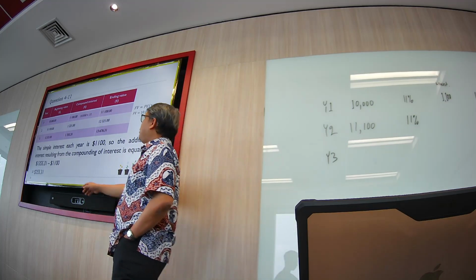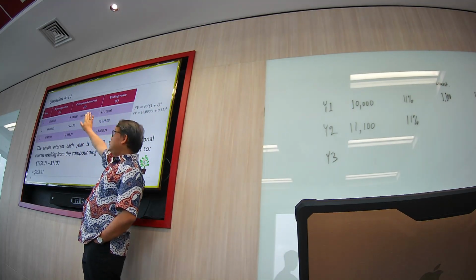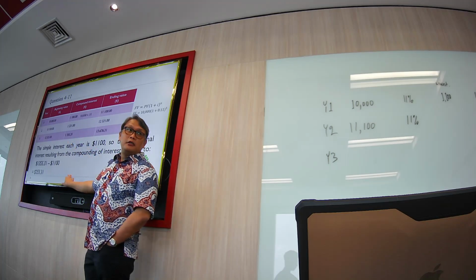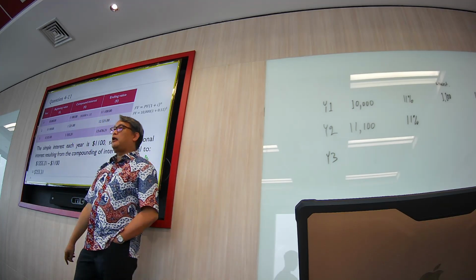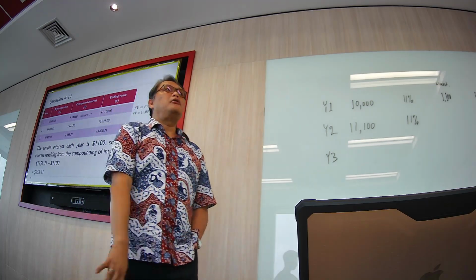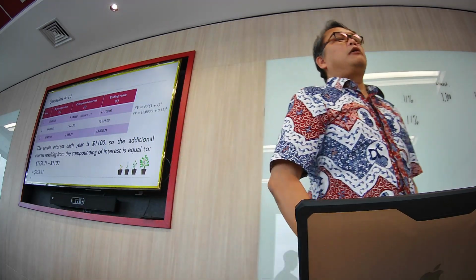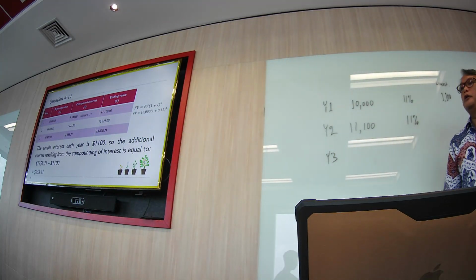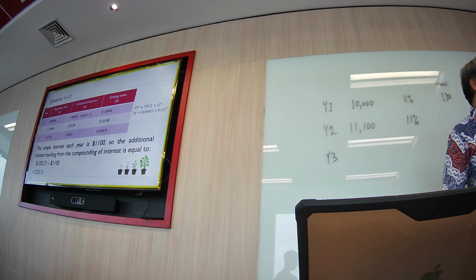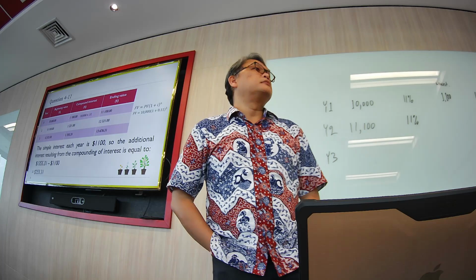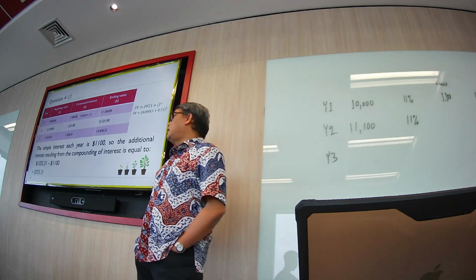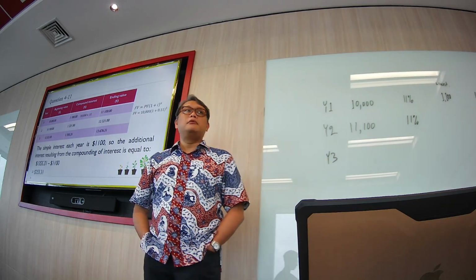So this is the compounded interest from year 1, 2, and 3. Then total compounded minus 1,100. So you break down the compounded interest and simple interest.